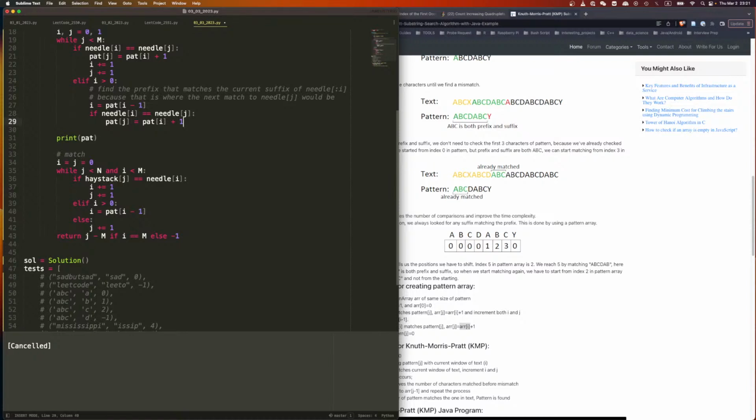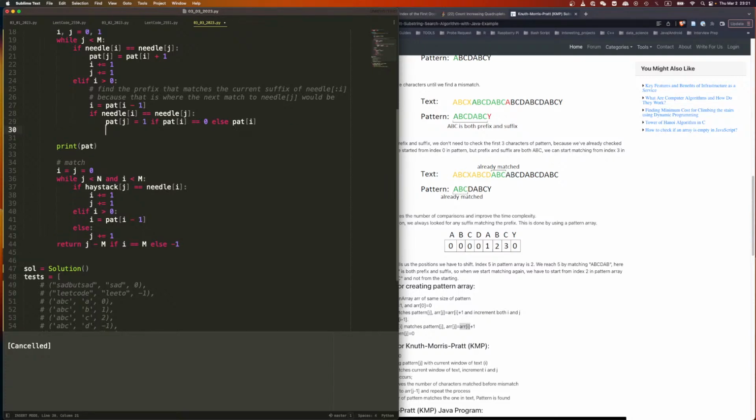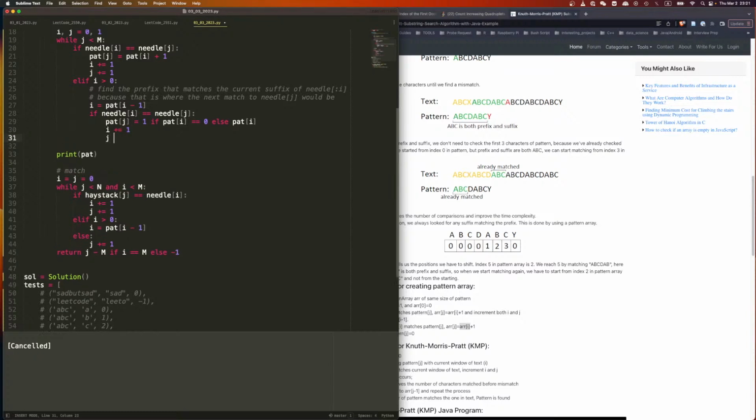I'll say if pat I is 0, else pat I. That's how I believe. Right? And then once we're done, I plus equal 1, j plus equal 1. Alright, we finished matching, so we move forward.